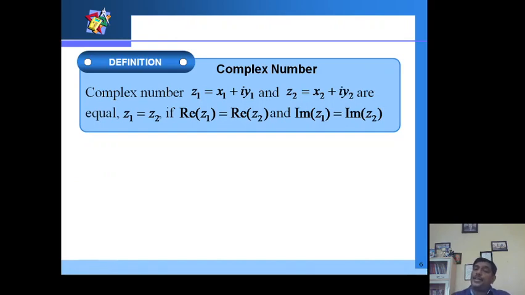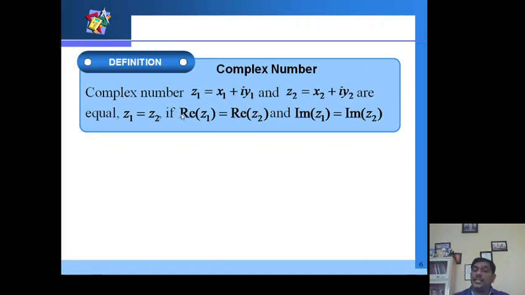You know there are some properties of complex numbers. Suppose we choose two complex numbers, z1 is equal to x1 plus iy1 and z2 is equal to x2 plus iy2. They are said to be equal, meaning z1 is equal to z2, if the real part of the first complex number is equal to the real part of the other complex number, and similarly the imaginary parts are also equal.